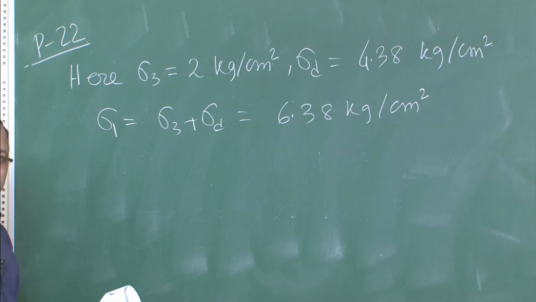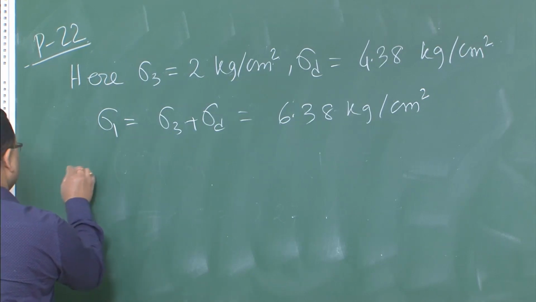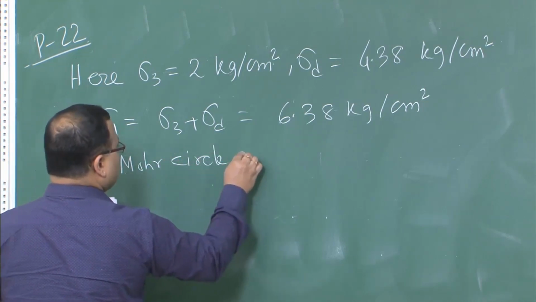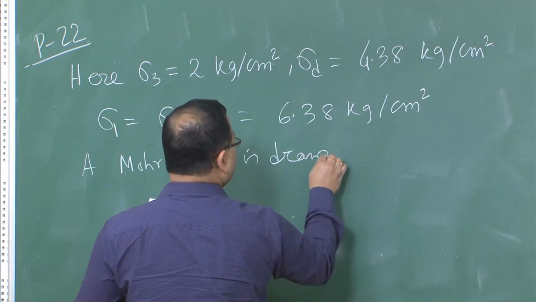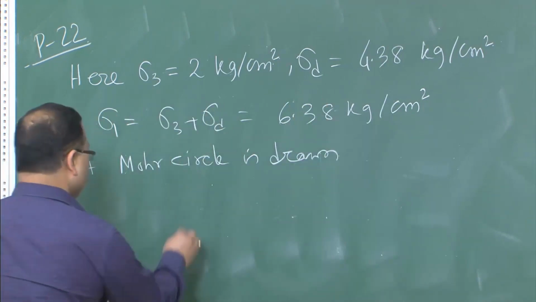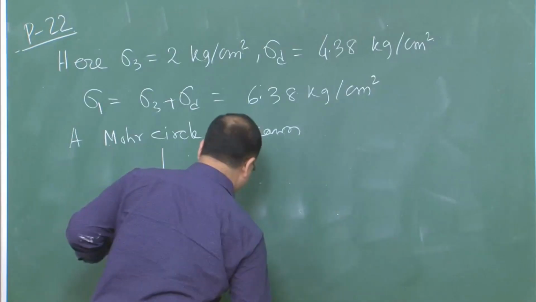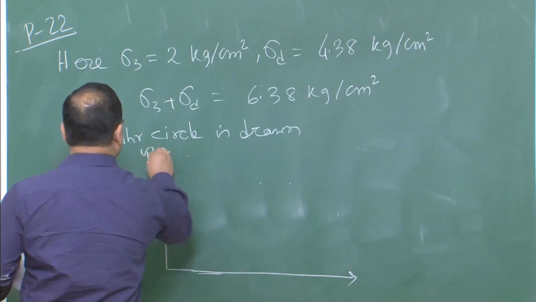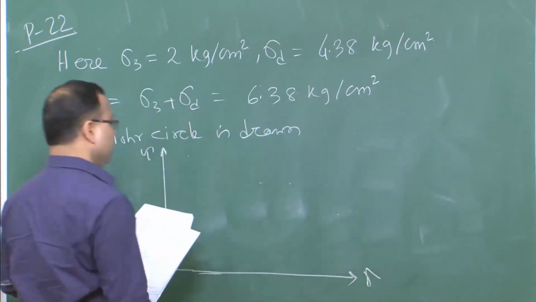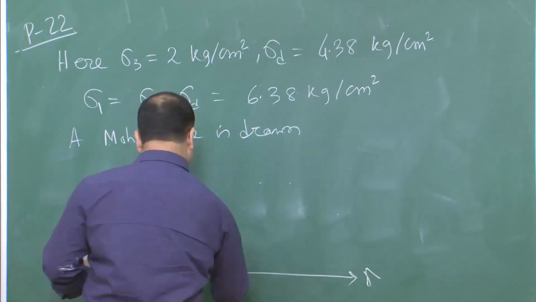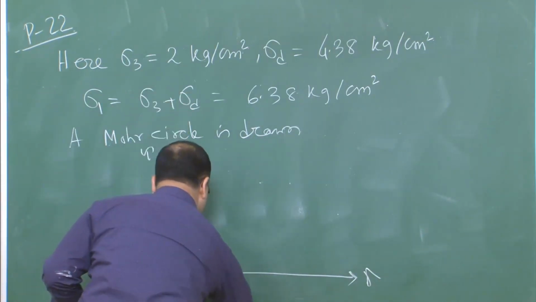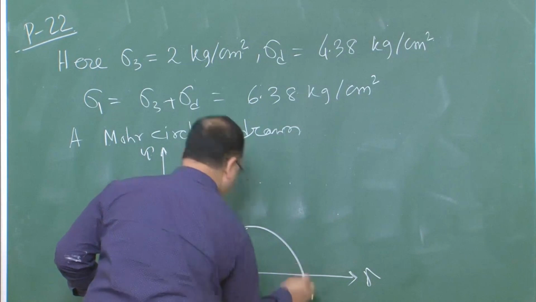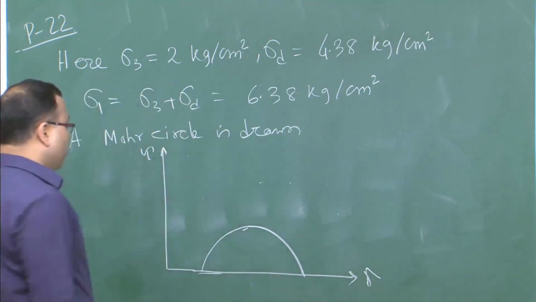Okay. Now, we are going to draw a Mohr circle, considering this situation, in tau sigma space. Okay. So, this is the Mohr circle.